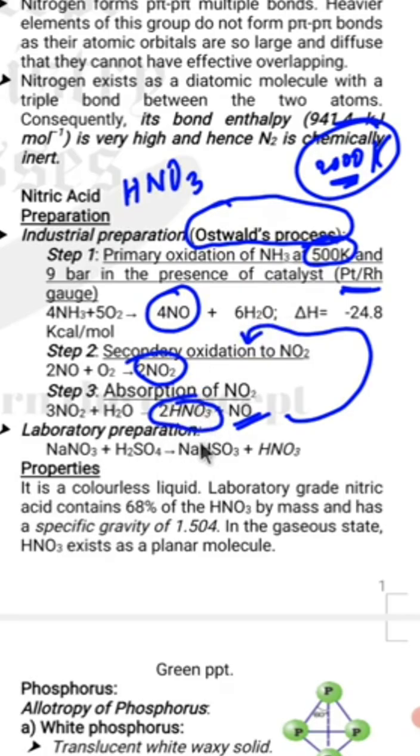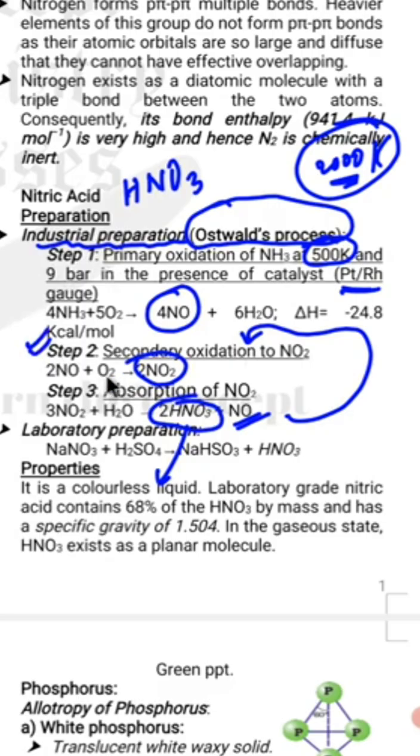So this is the reason why Ostwald's process is used as industrial preparation. Industrial preparation is nothing but if we want to prepare a large amount of a substance, then we call that kind of preparation industrial preparation, or commercial preparation. Since nitric oxide gas comes out in the third step, we can collect that gas and reuse it in the second step without going through the first step.